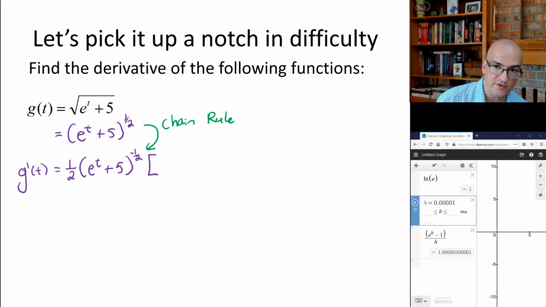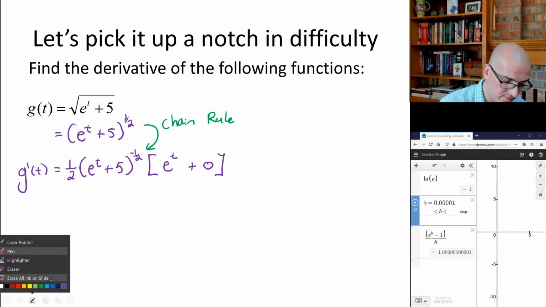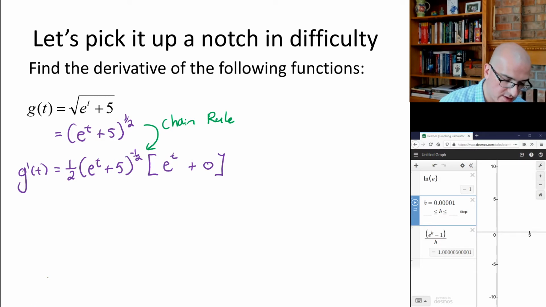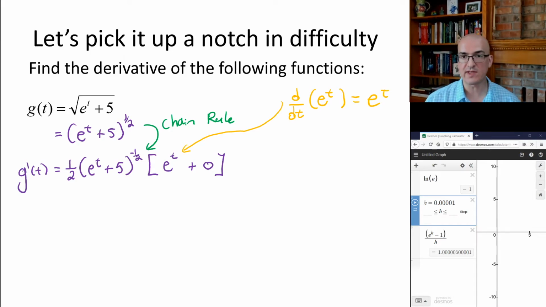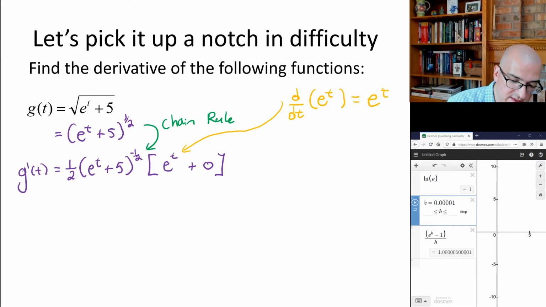The derivative of e to the t is just e to the t, and then the derivative of 5 is 0 since 5 is a constant. I should annotate that. So d by dt, derivative with respect to t, of e to the t equals e to the t. Just like derivative of e to the x with respect to x is e to the x.